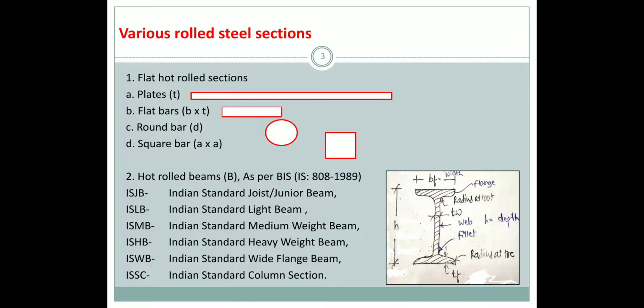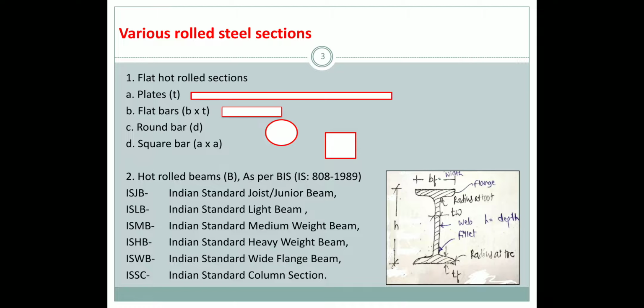Likewise, at the end of the top and bottom flange, the radius at toe. The top flange width is denoted by B suffix F, thickness of flange is denoted by TF, and H is the depth of the I section.